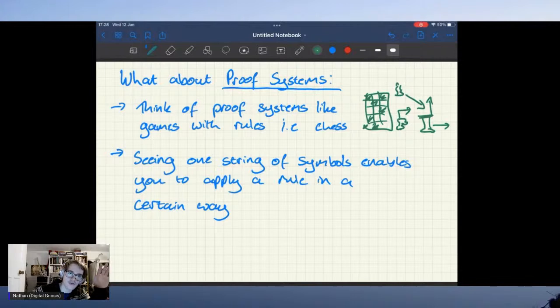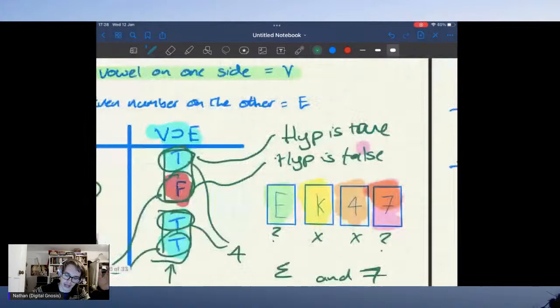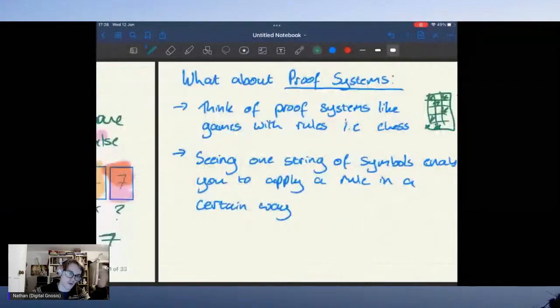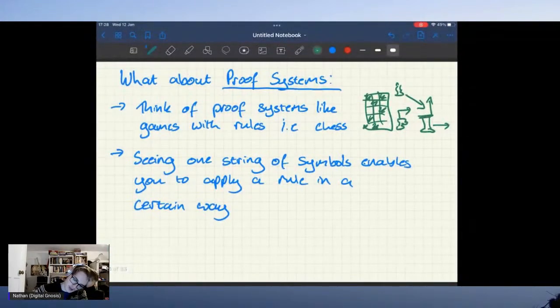This is sort of what our proof system is like, in that you're going to be taught some rules which you can apply to strings of symbols in our language in order to figure out whether it's valid or not. Seeing one string of symbols enables you to apply a rule in a certain way.